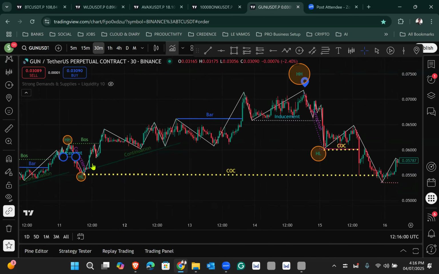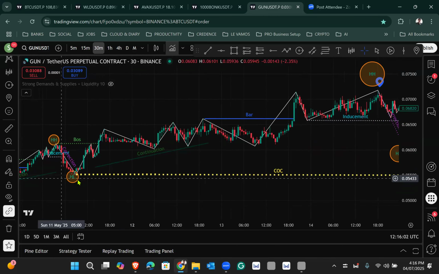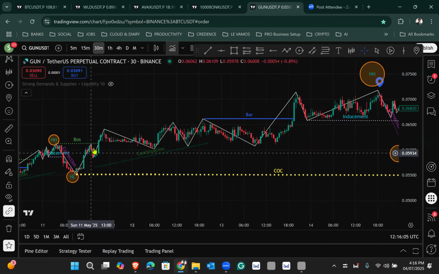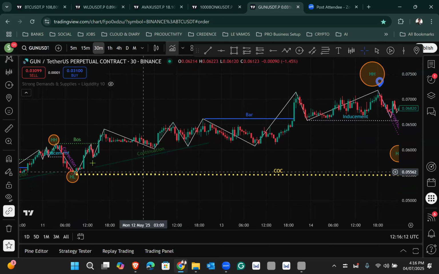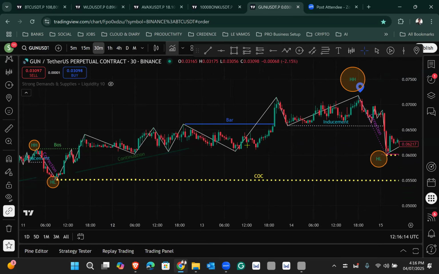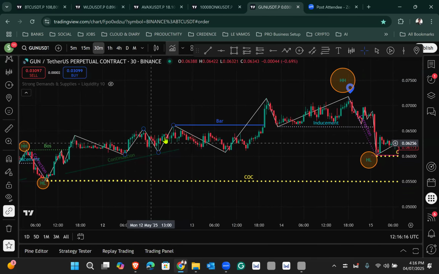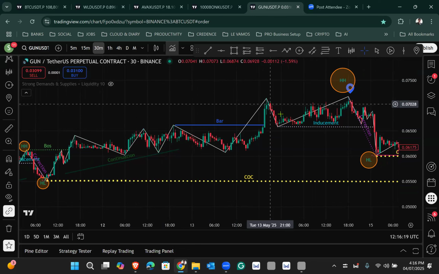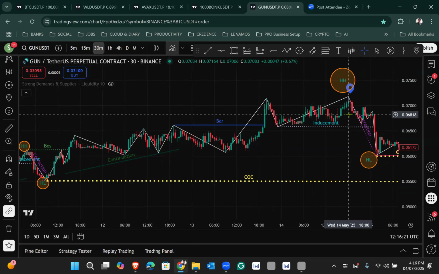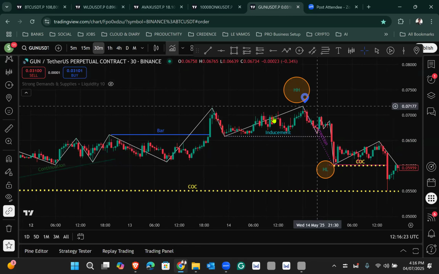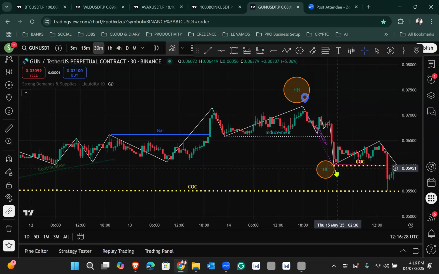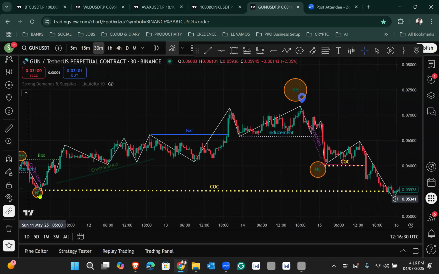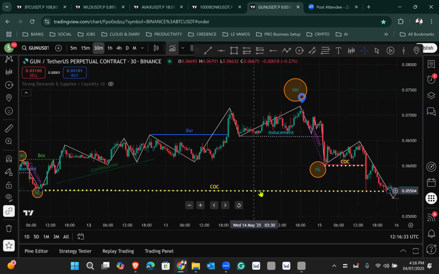Here there is a correction, and after the correction normally we count it as the new impulse starting, the continuation is starting. So this is going again from here. Now the new valid pullbacks are being created, and it's going up. Here the new inducement is coming, because this is crossing here. So in this scenario, this higher low is still valid for a change of character.